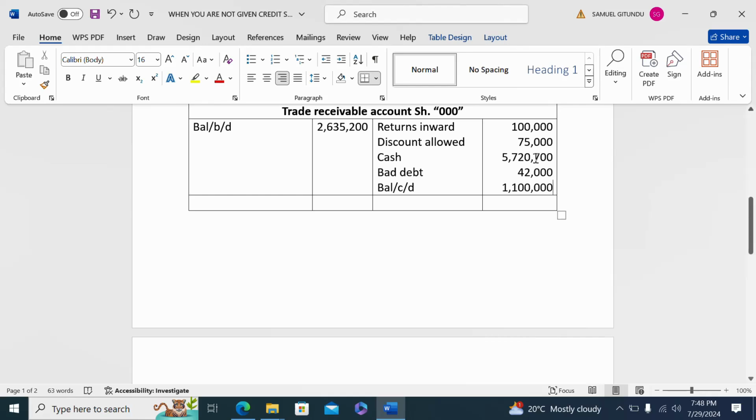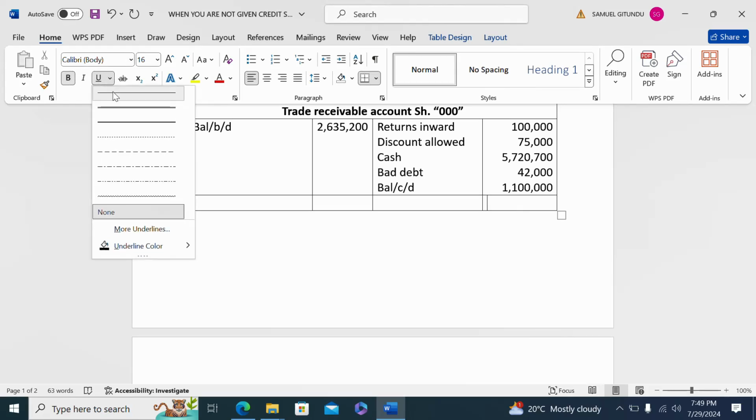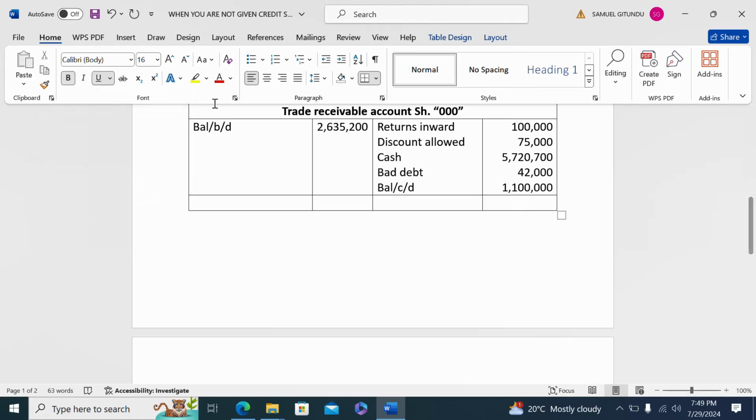If we add all these, how much are we going to get as our balance here?